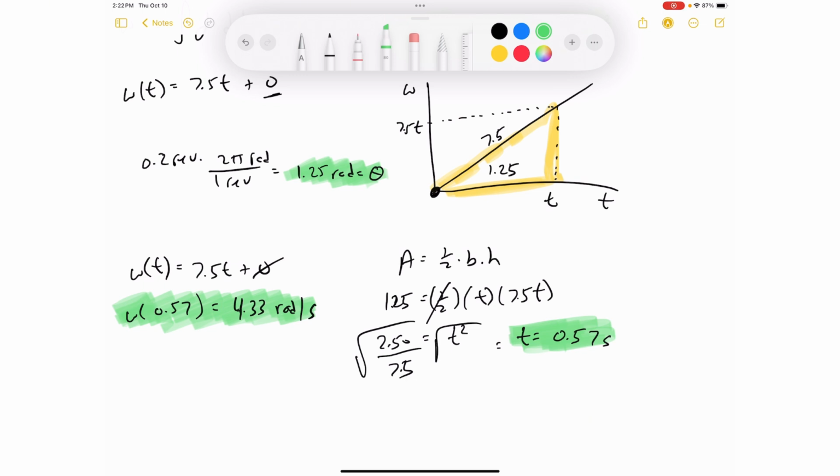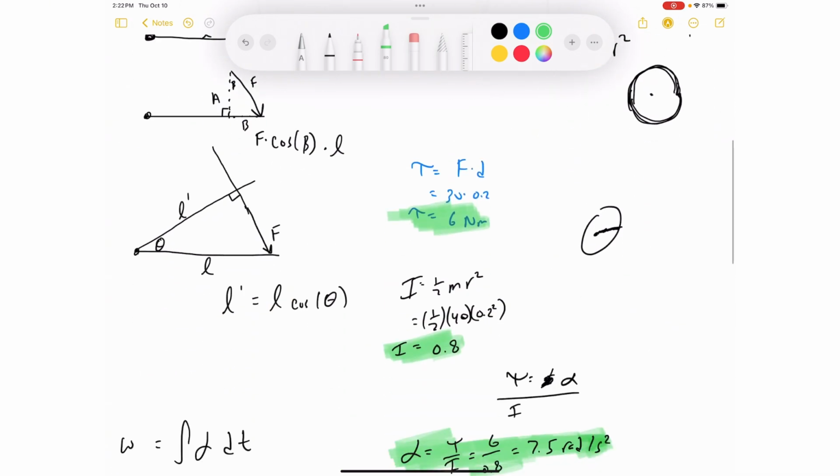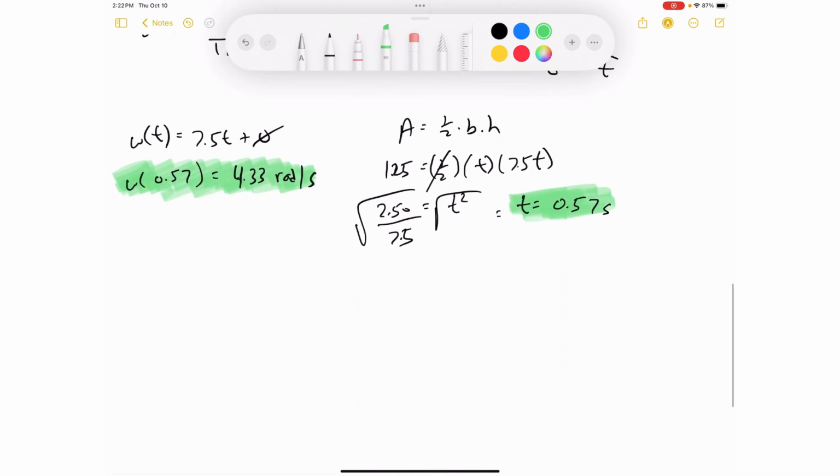Okay, so our velocity at that time is that. Great. So now we basically have almost everything we need. If I want to find my tangential velocity, all I need is my omega, and I have to multiply it times my radius. That's it.